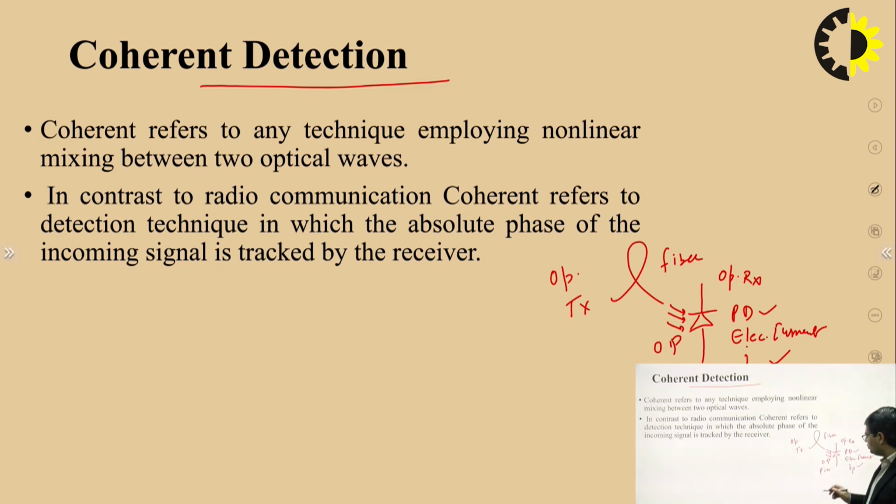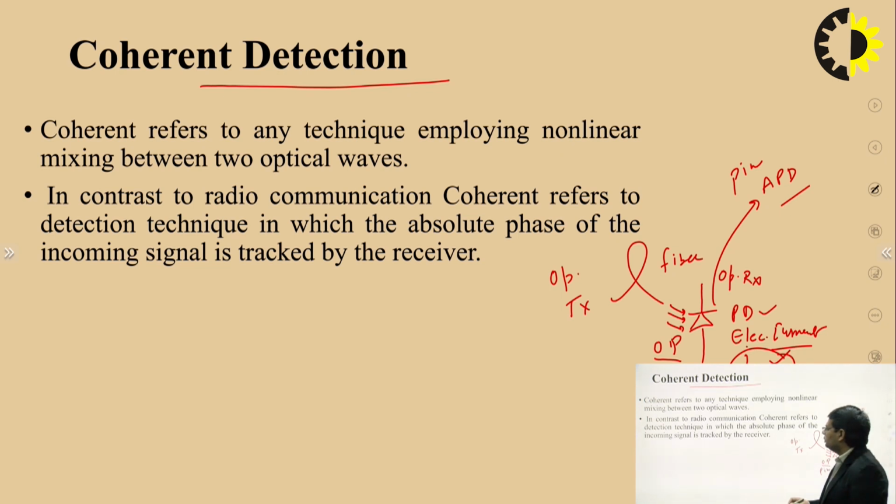This process of converting the incident optical power into the corresponding electrical form, optical to electrical conversion, by the photodiode or photodetector, for example, we can use either PIN photodiode or APD, is known as the detection. That is, received optical power is detected by the photodetector and it is converted into the corresponding electrical form, that is, photocurrent is obtained at the output.